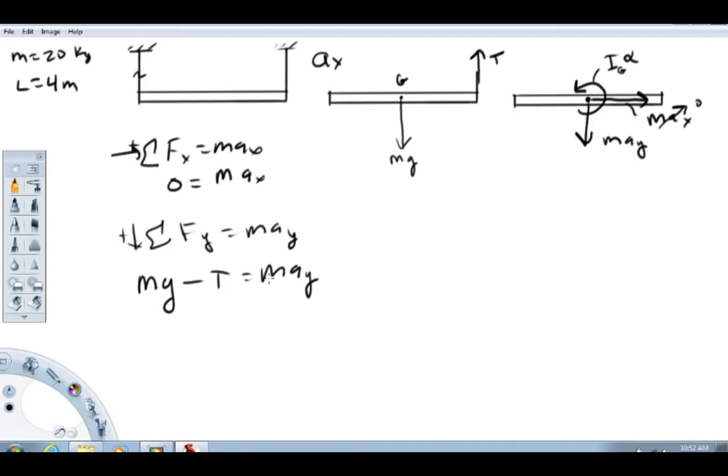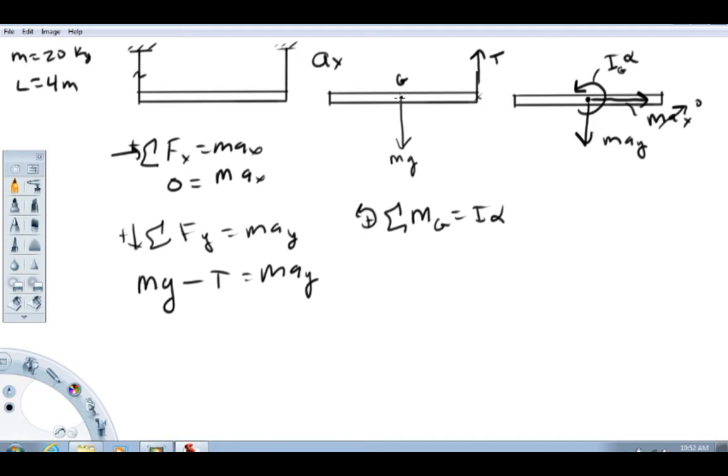The next one we're going to write is a moment equation, and I really have a choice here. We could sum moments about G, or maybe about this right end, both of which are perfectly valid. I'm going to sum moments about G. So the sum of all moments about G equals I alpha, counterclockwise positive.